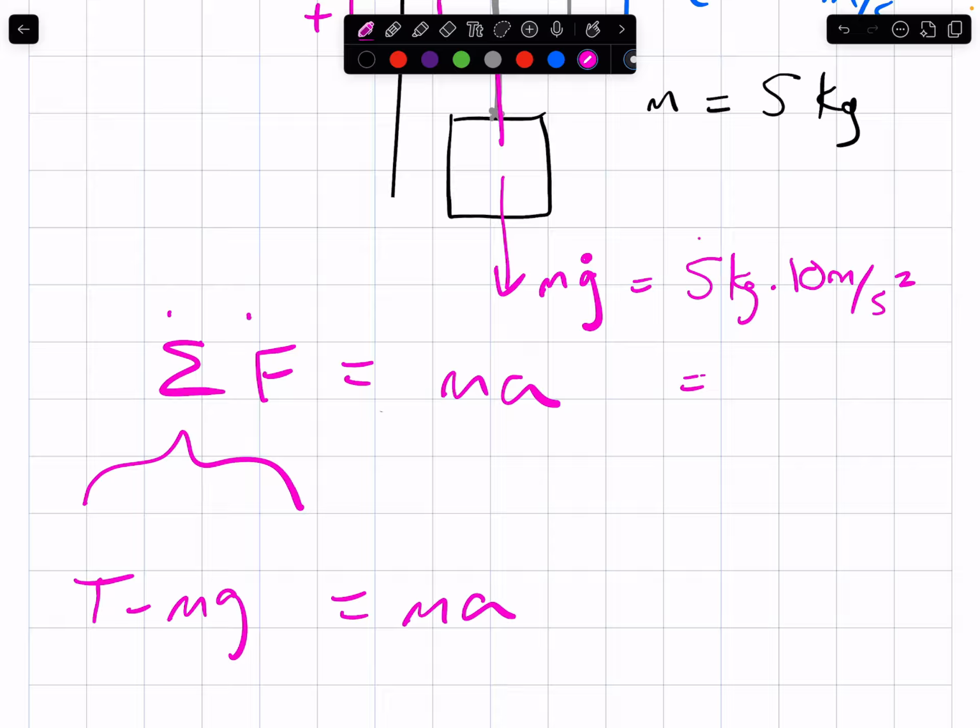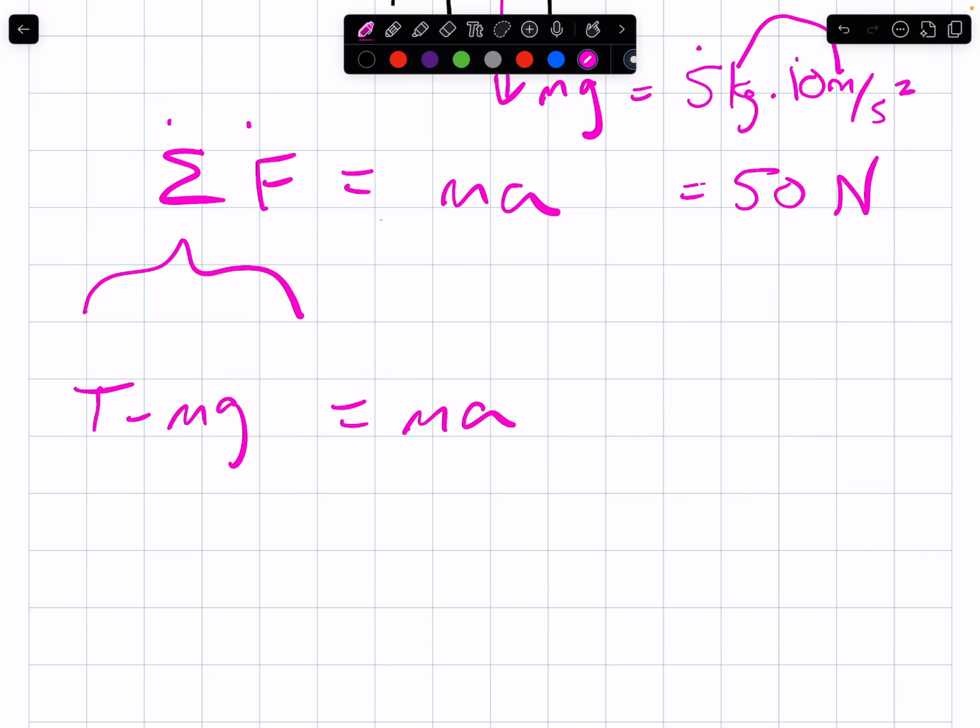So that weight, 5 times 10, is 50. And a kilogram times a meter per second squared we call a newton. So T minus 50 newtons is equal to ma, mass times acceleration.